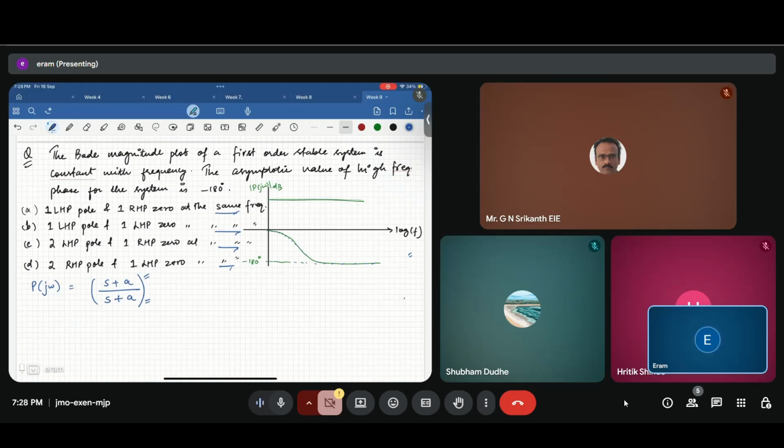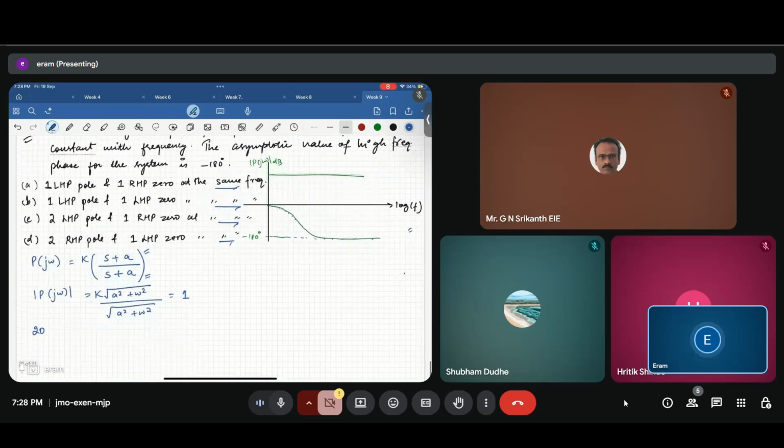Then what will be its magnitude? We will replace s with j omega, so our magnitude will be the square root of a square plus omega square over the square root of a square plus omega square. That will be equal to 1, that is a constant, and there can be some constant term k here that won't change our analysis.